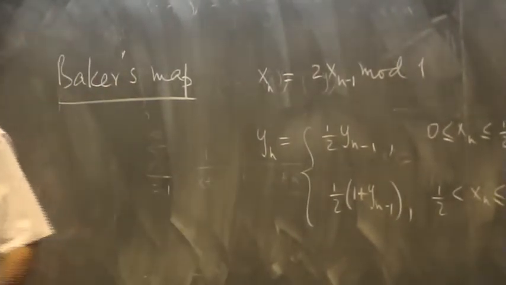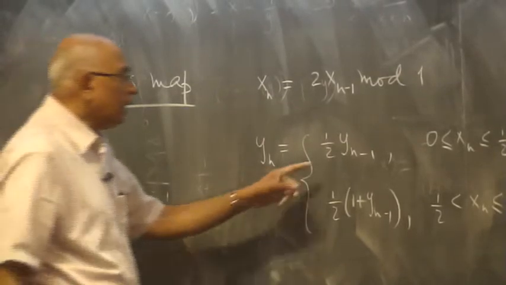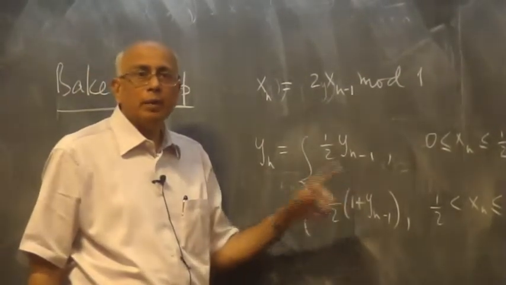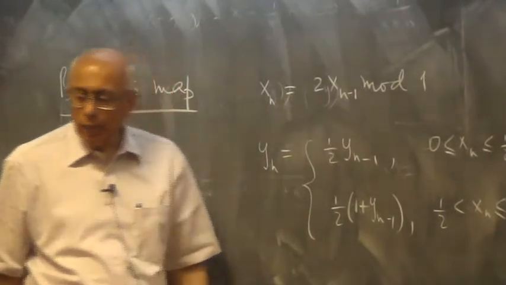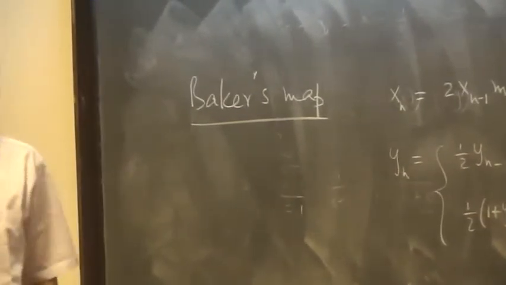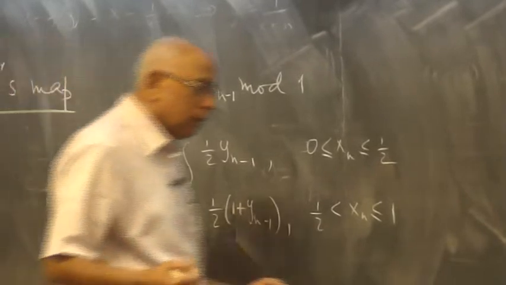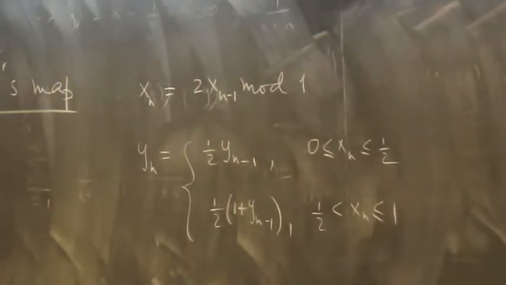So it's clear that the Lyapunov exponent in the x direction will be log 2. In the y direction there is exact contraction by the compensating factor half, so the Lyapunov exponent would be log half. Therefore, the sum of the two Lyapunov exponents would be 0, which is another way of saying that the volume element will be preserved. Because there is exponential expansion in one direction, exponential contraction in the other, and the volume element is preserved.